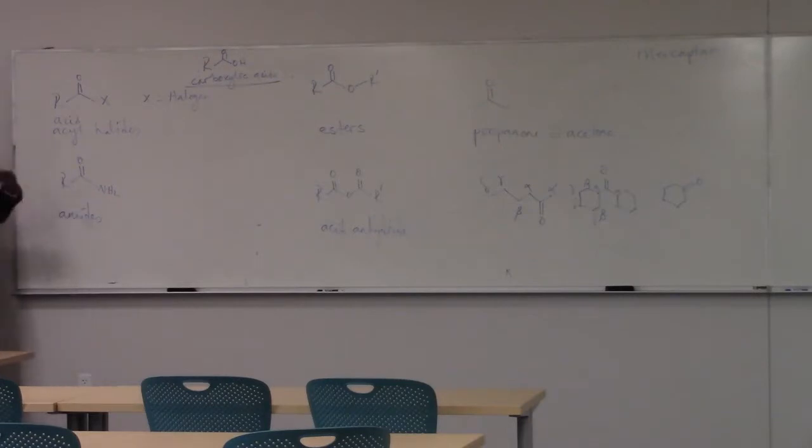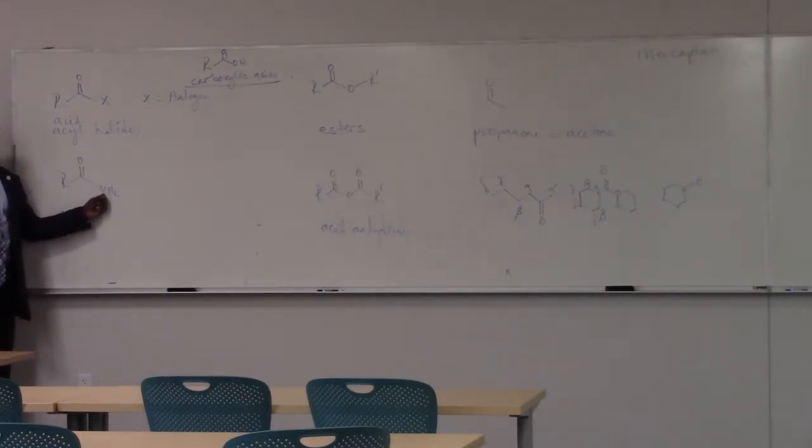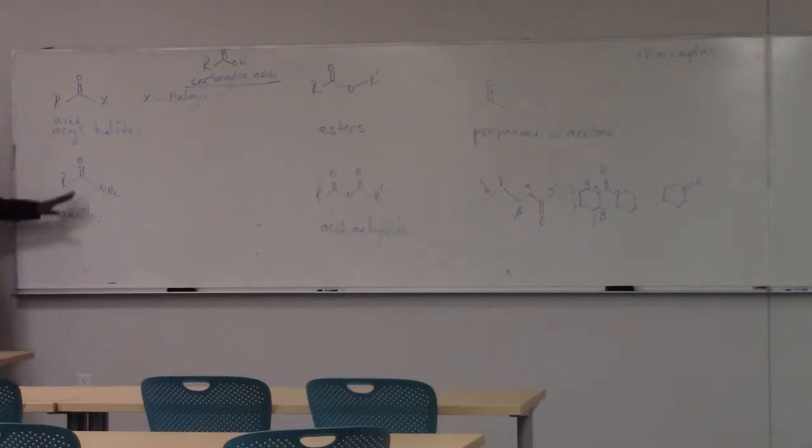Amides can be subcategorized based upon the number of carbons on the nitrogen. If I have this structure, these are primary amides, and it depends on where you're from, some people say amide, some people say amide.